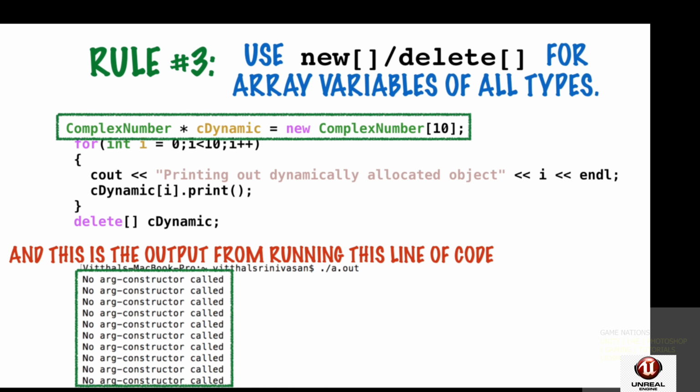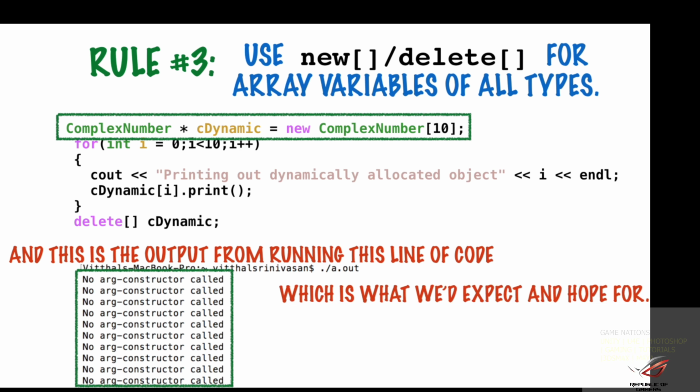The no argument constructor is called, indicating that the default constructor is what has been invoked. This is printed 10 times, indicating that for each of those 10 elements in the array, the default no argument constructor has been called. That's why this message is printed 10 times to our screen.